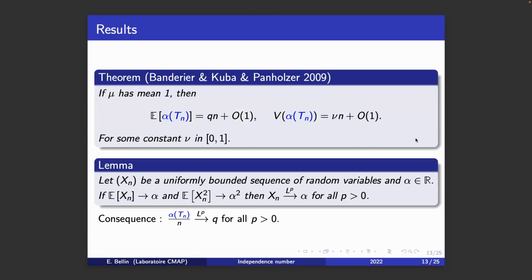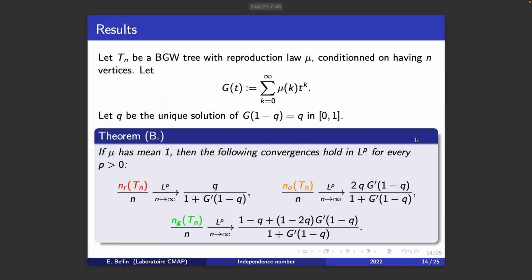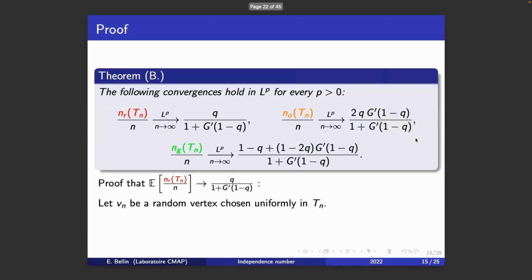But this is not strong enough to retrieve, for instance, the convergence of the variance. So actually, the previous theorem says a bit more for alpha of Tn because we capture the variance. For the time remaining, I would like to give you the idea of the proof.